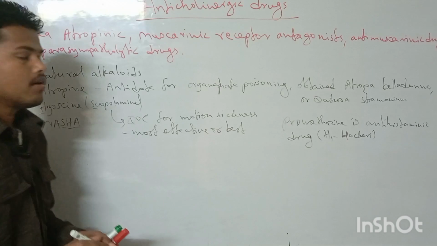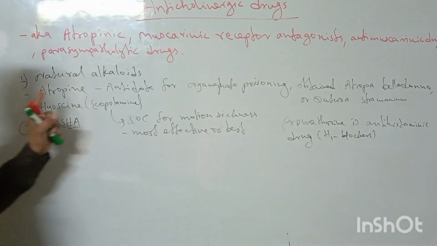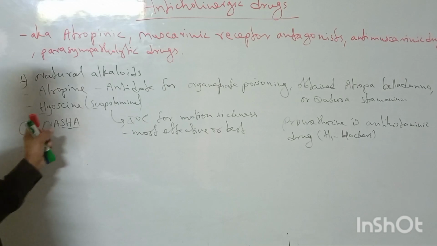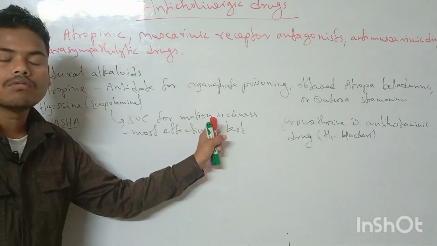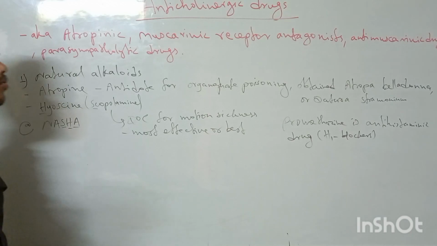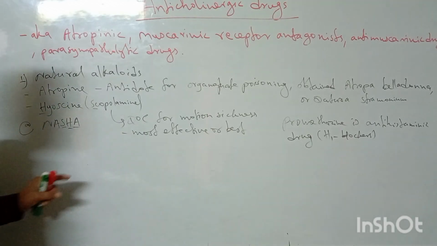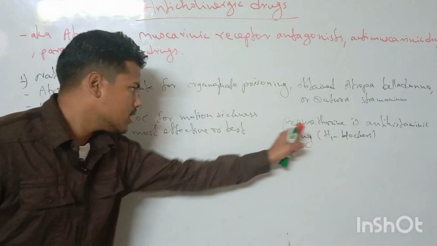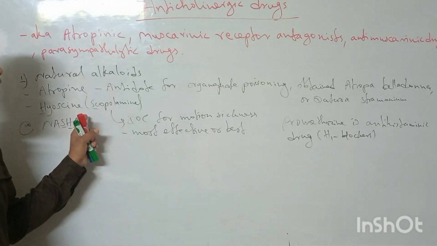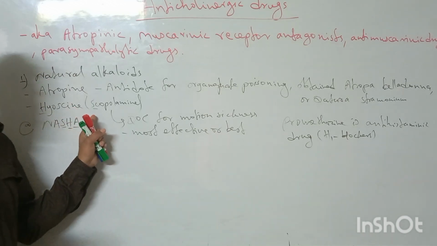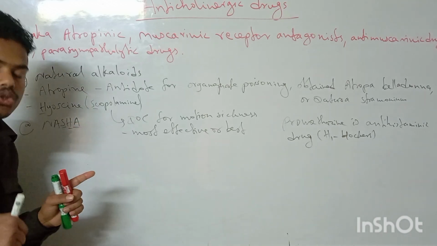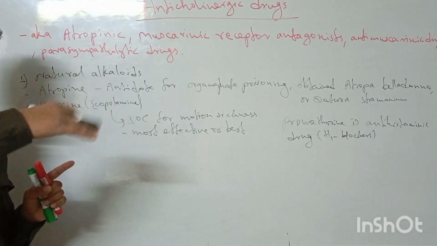Some authorities believe promethazine is the drug of choice for motion sickness. Somehow they are also right, because hyoscine can be effective only if used prior to onset of the vomiting.